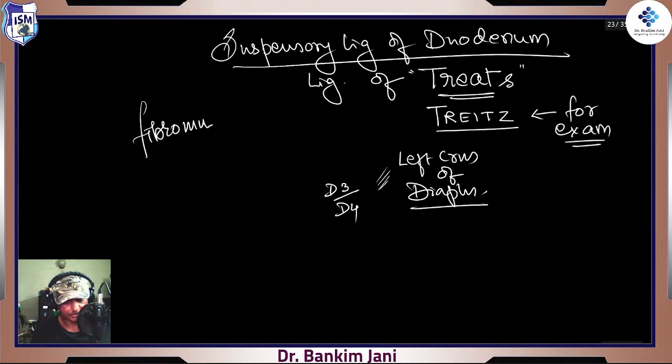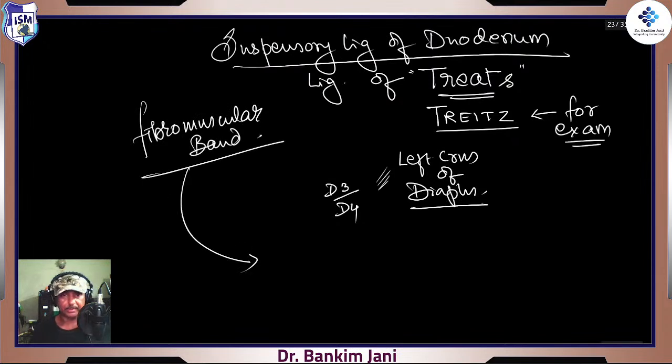Now this is a fibromuscular band. And pretty typical. It is divided into 3 parts: upper, middle, and lower. So like this. This upper part has all those striped muscles, right?